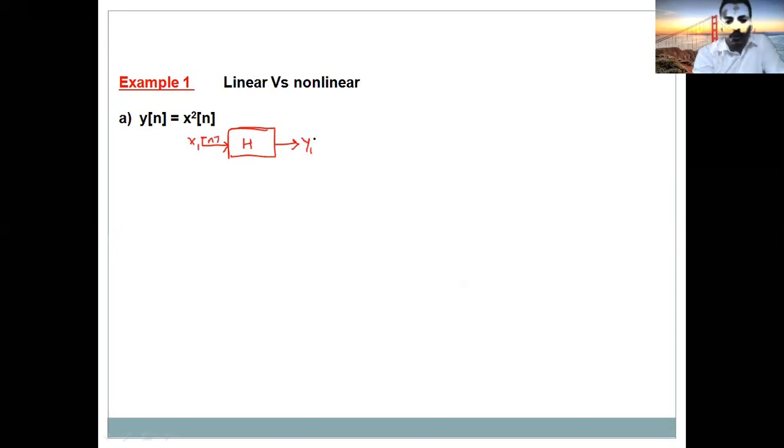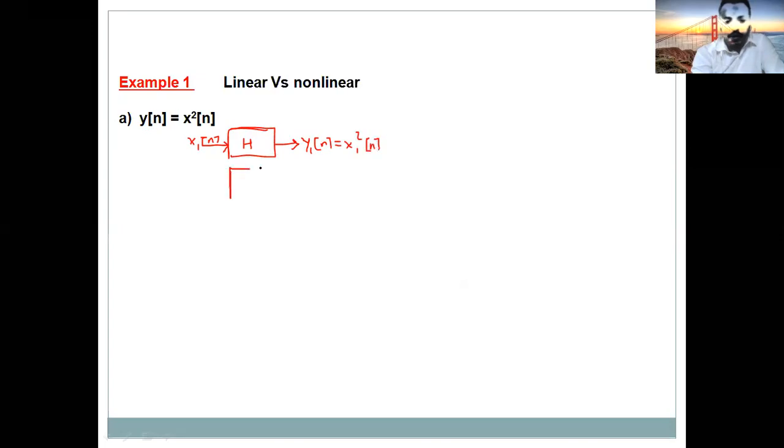Let's call it y1 of n. What is y1 of n? This is a squaring device. So whatever input you apply, it is a square. So x1 square of n. This is the first output when you apply x1 of n.